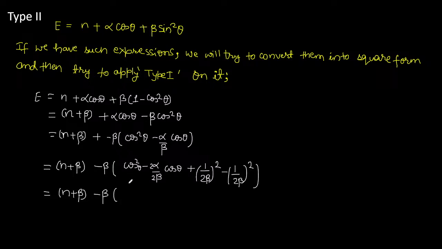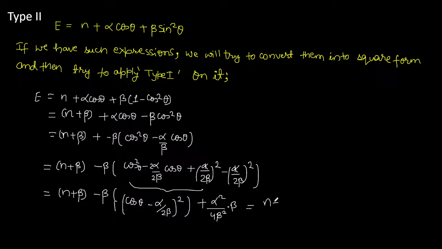If you see, this is nothing but cos theta minus alpha by 2 beta whole square, and this minus will come out, it will become plus alpha square by 4 beta square into beta. There was beta, yes.